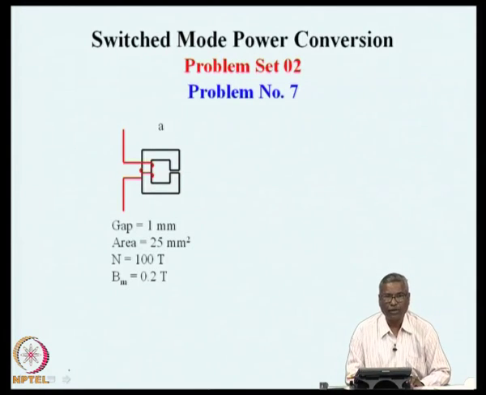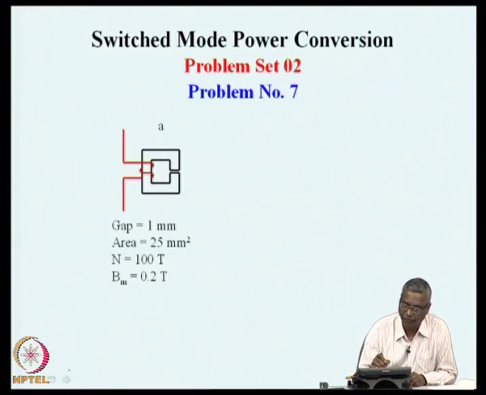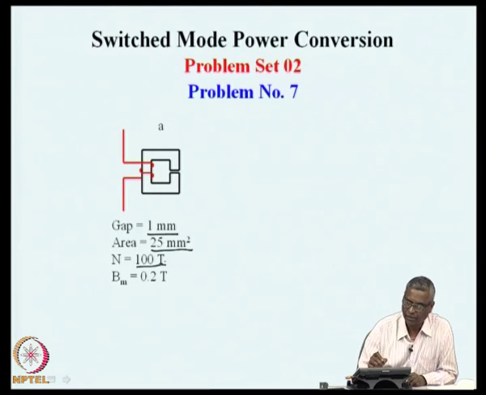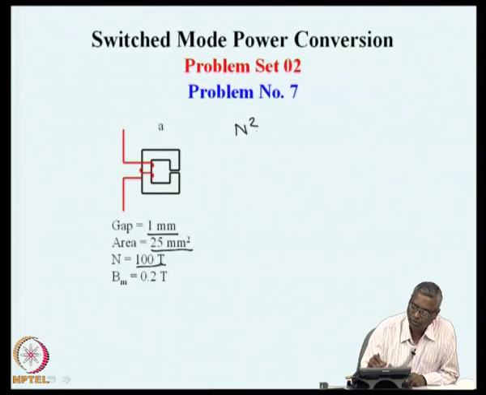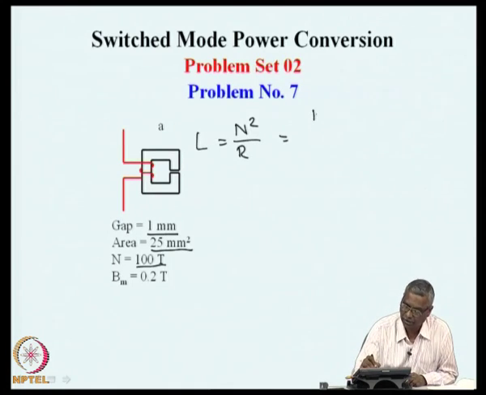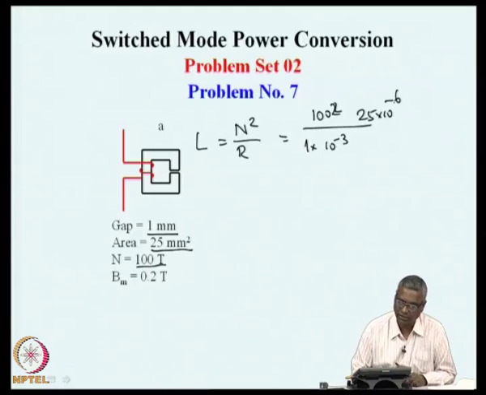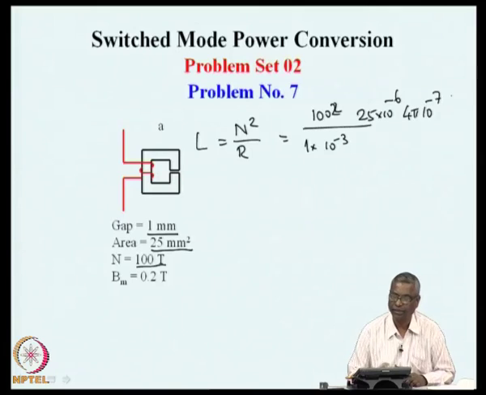Okay. So, I am now looking at winding A only. This has a cross sectional area of 25 millimeter square, air gap of 1 millimeter and number of turns are 100 turns. So, it is possible to find out the inductance of this, which is N square by reluctance, which is 100 square divided by reluctance: 1 millimeter into 10 power minus 3 in meter, and area of cross section is 25 into 10 power minus 6 in meter square, and mu naught is 4 pi 10 power minus 7 Henry per meter.